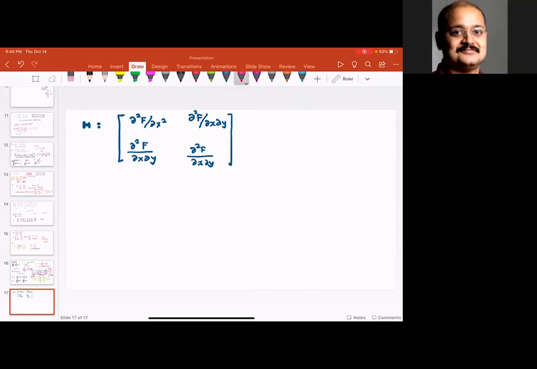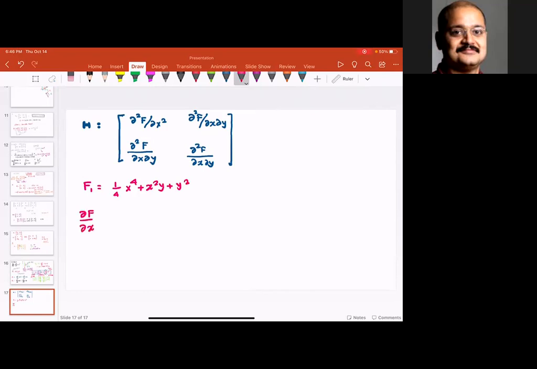Let me work out one problem. My function f is 1/4 x^4 plus x^2 y plus y^2. So I'm going to take the partial derivative with respect to x.